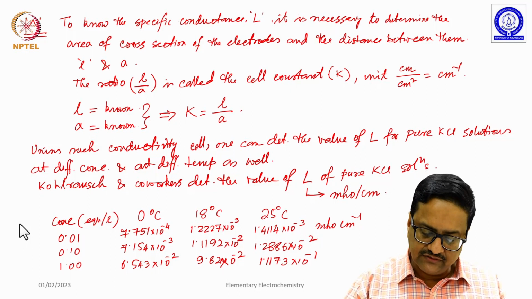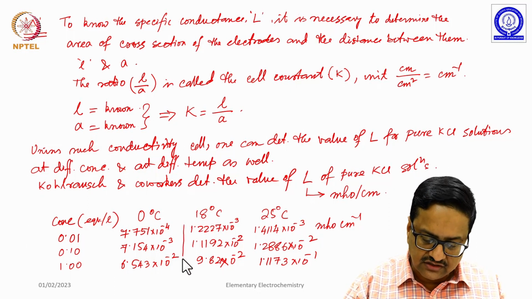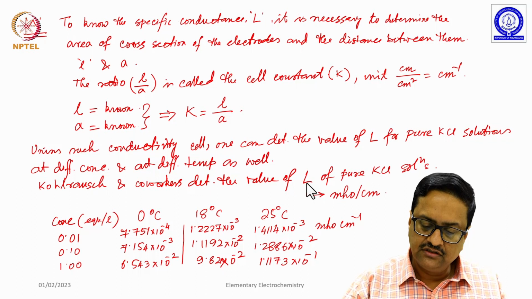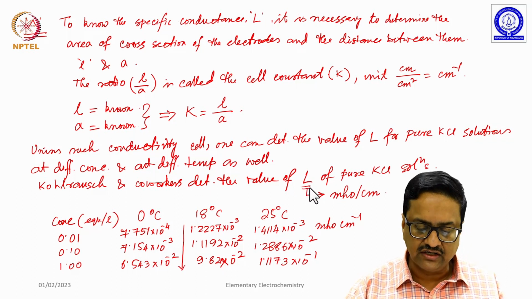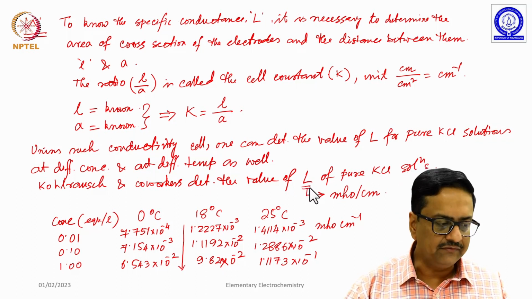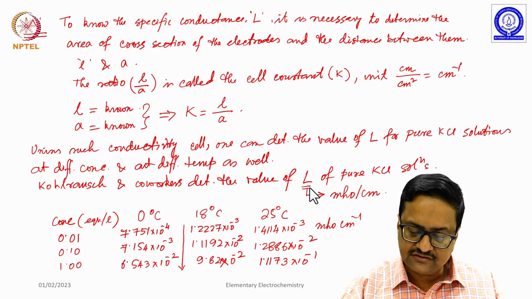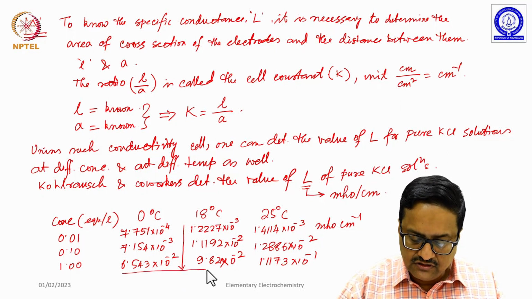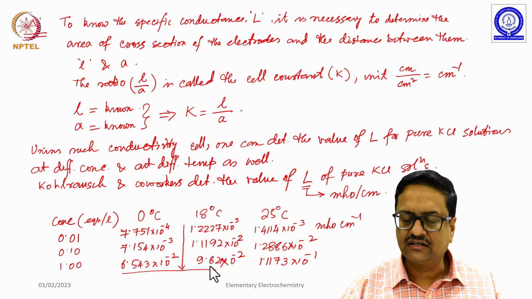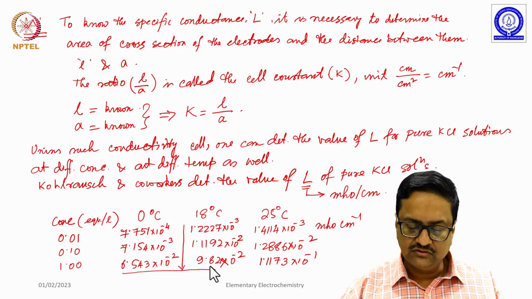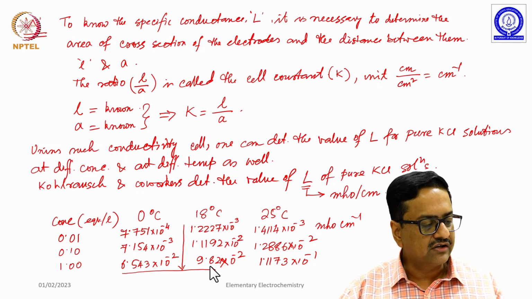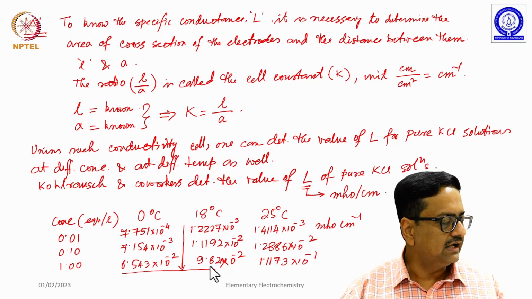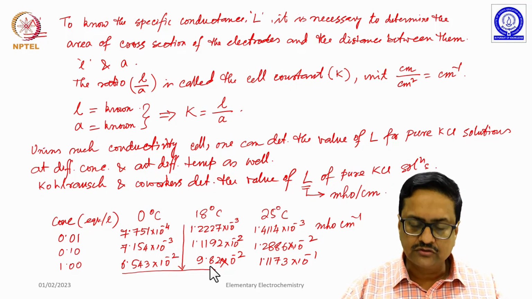So what we observe is that with increase in concentration, the specific conductance value L increases, and also with increase in temperature, the value of specific conductance increases. So the value of specific conductance, it is clear, depends on both temperature and concentration.